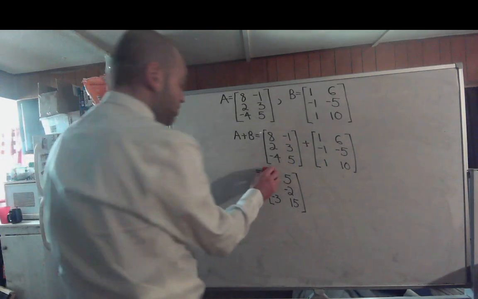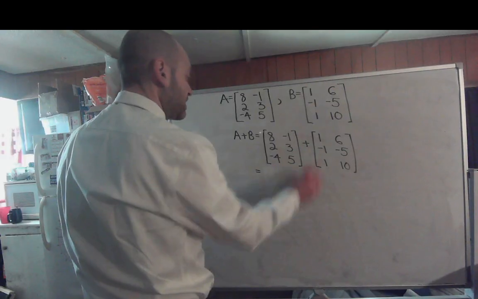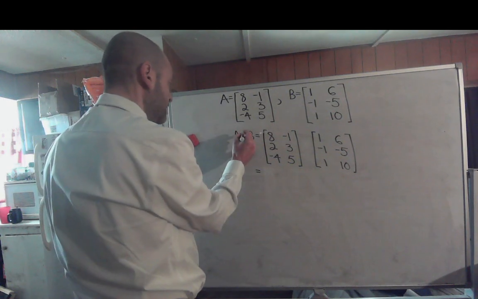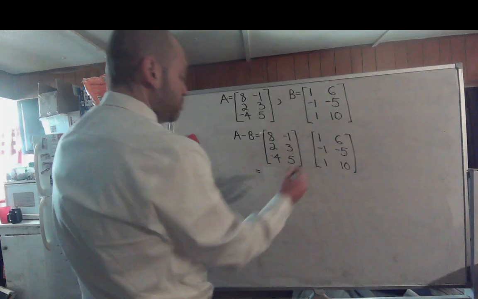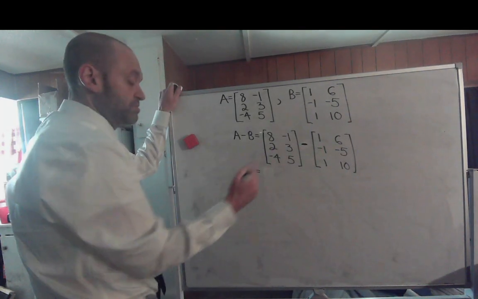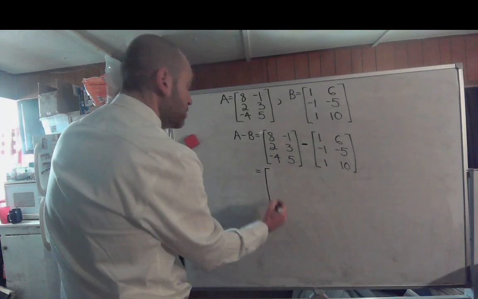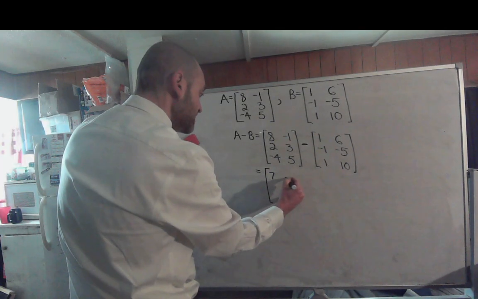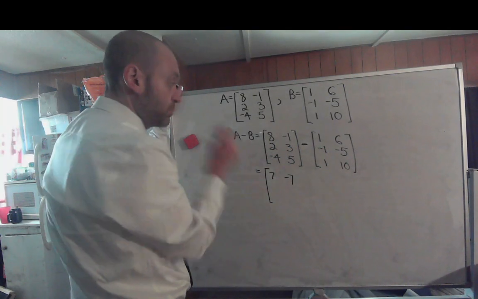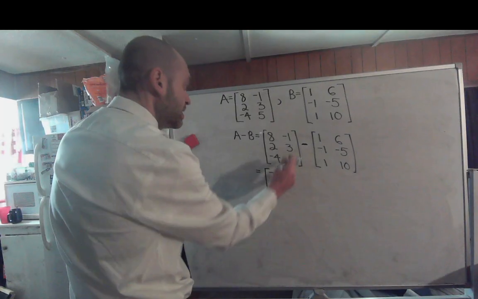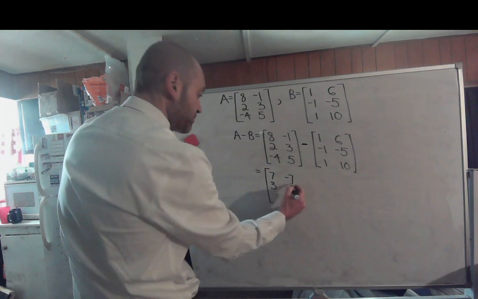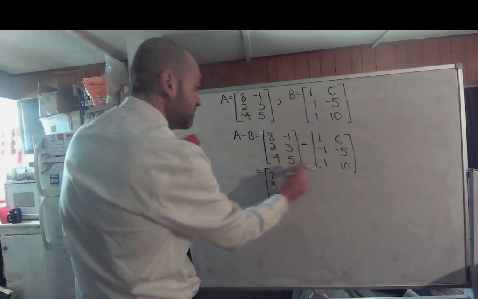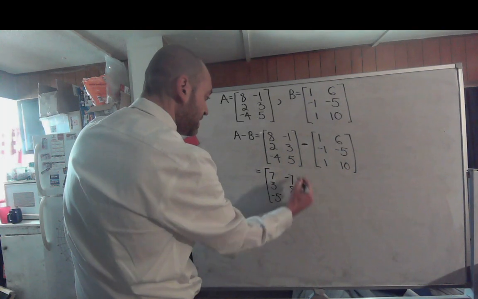Now, of course, you know exactly what we're going to do next. We're going to do A minus B. So we're just going to subtract the entries in matrix B from A. So 8 minus 1 is 7, negative 1 minus 6 is negative 7, 2 minus negative 1, so that's 2 plus 1, that'd be 3, 3 minus negative 5 turns into 3 plus 5, that's 8, negative 4 minus 1 is negative 5, 5 minus 10 is also negative 5.